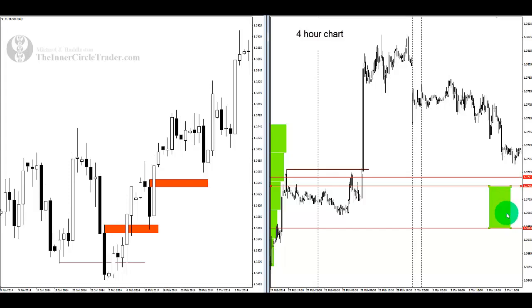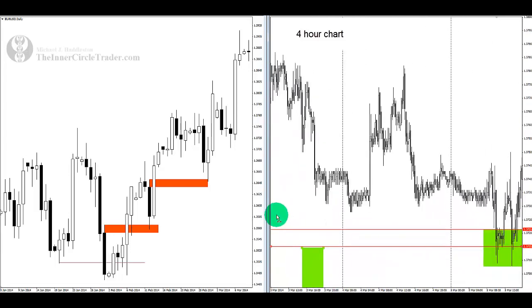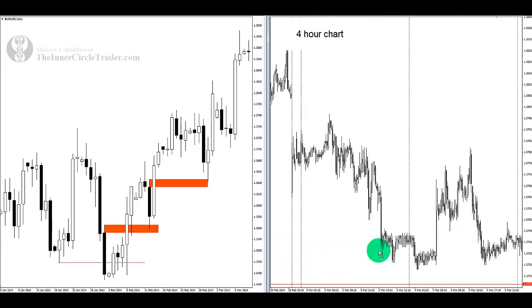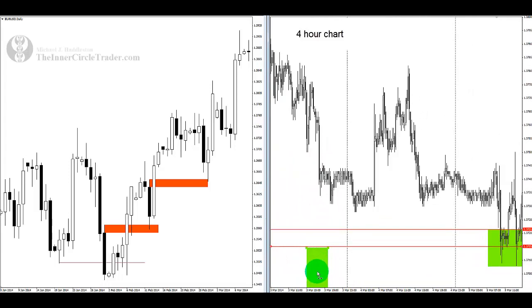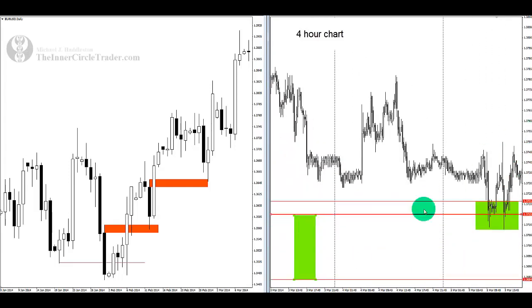a 30 pip range. So buying at 137.15, and your stop, well, oops, good grief, it didn't even do that.